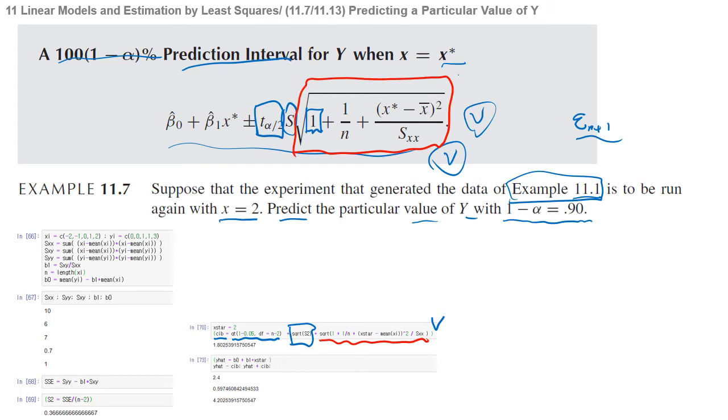So check the items one by one, and then you will understand why these terms are related to this calculation.